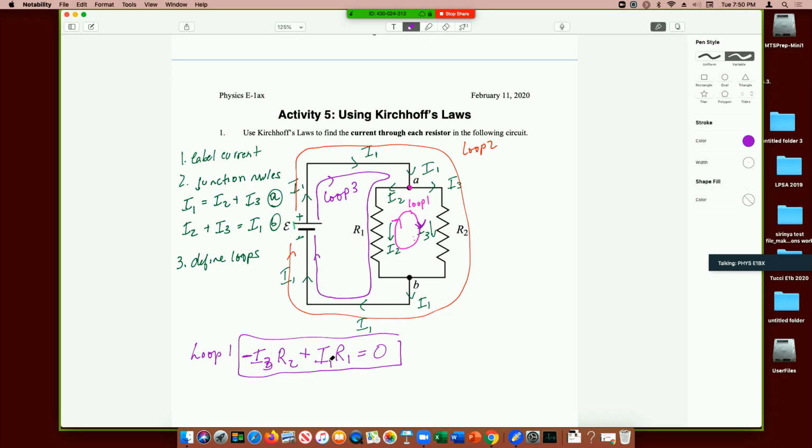And then there should be I2. It's the current that's actually going through the resistor that you care about. Was that your question too? Okay, so let's take a break and try the other two loops using that logic.